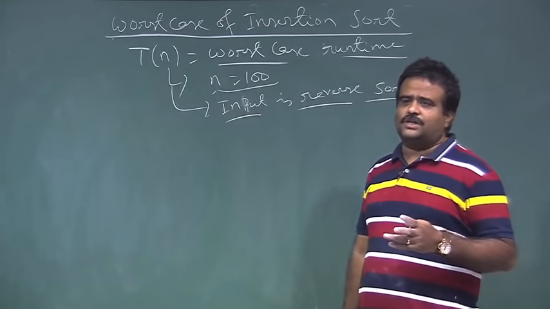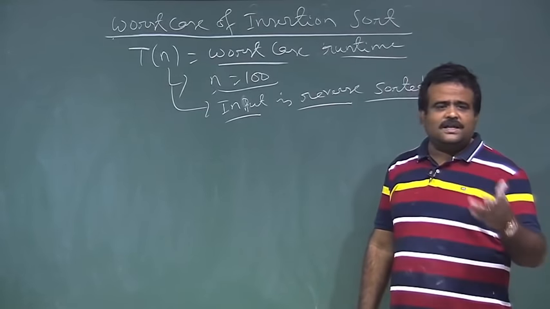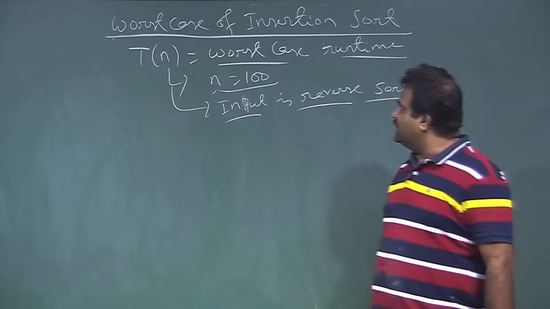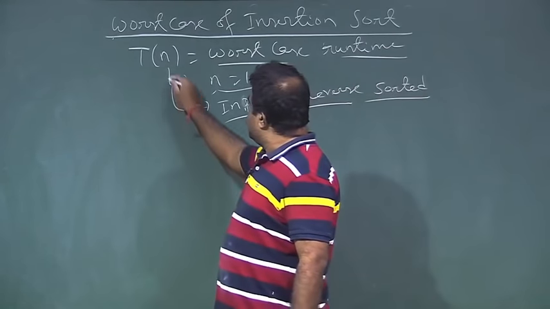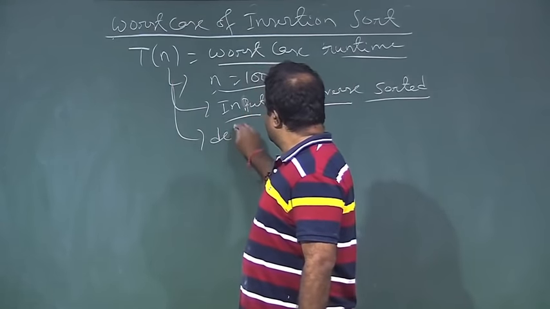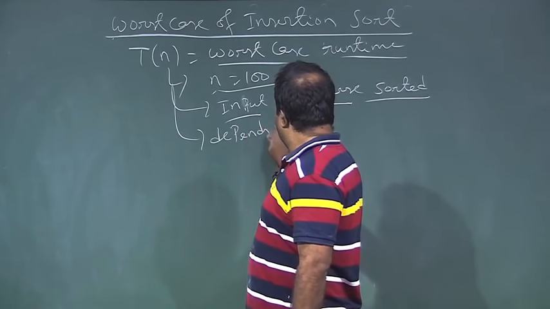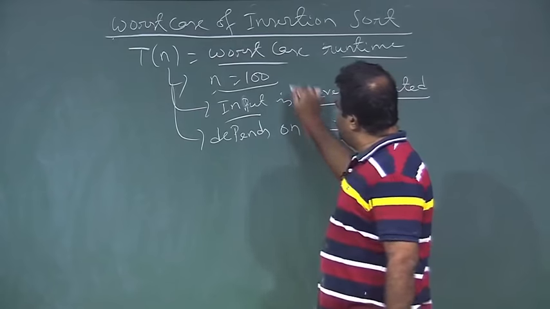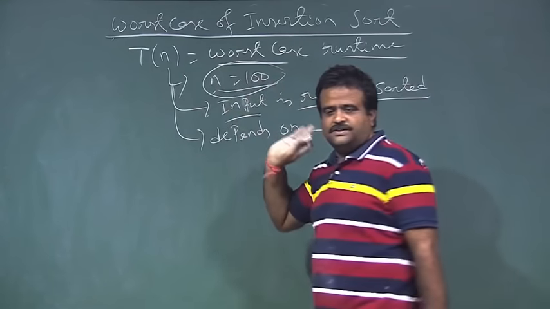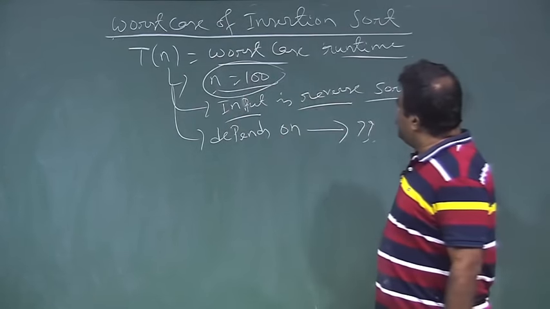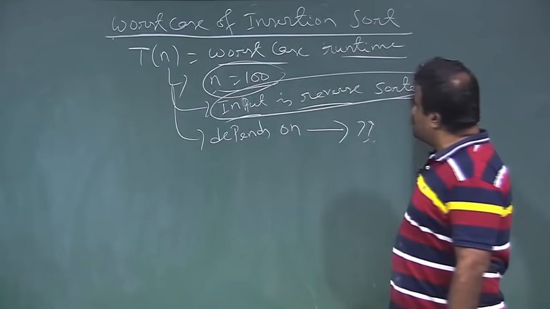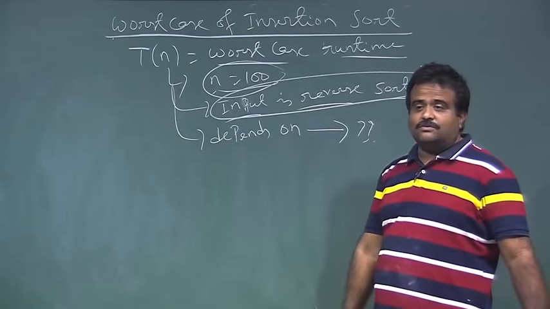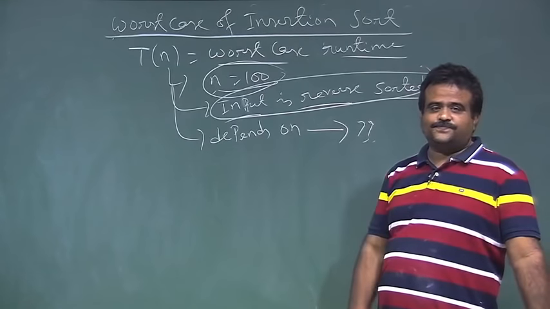That is a crucial question. We already fixed n, and we already fixed the worst case input, which is reverse sorted. Will it depend on anything else?